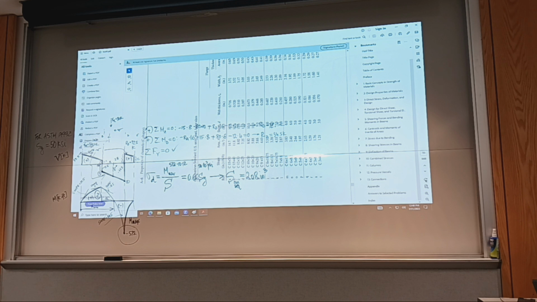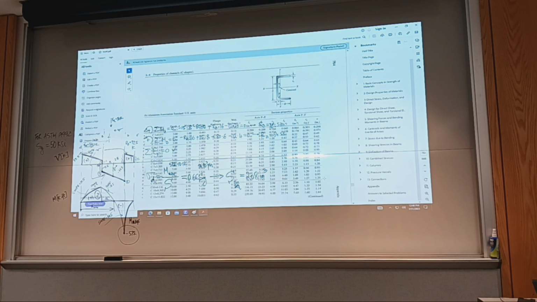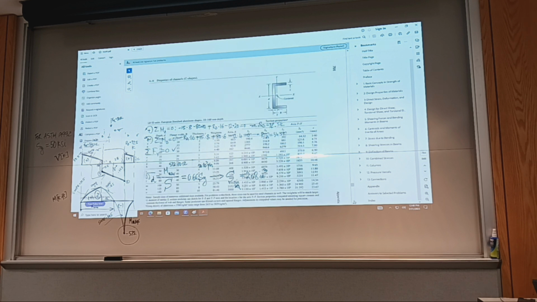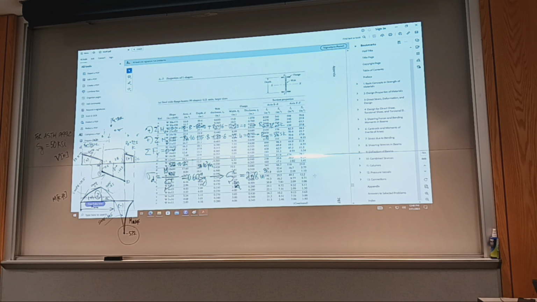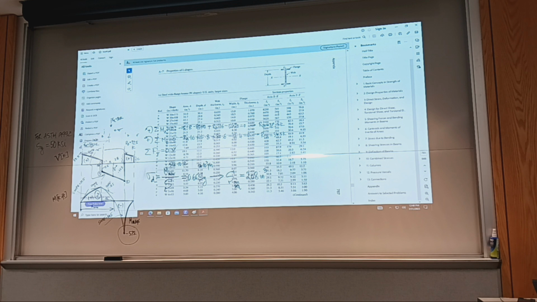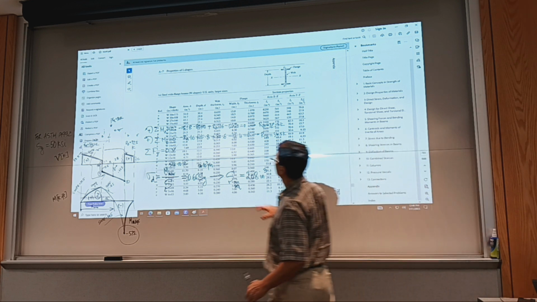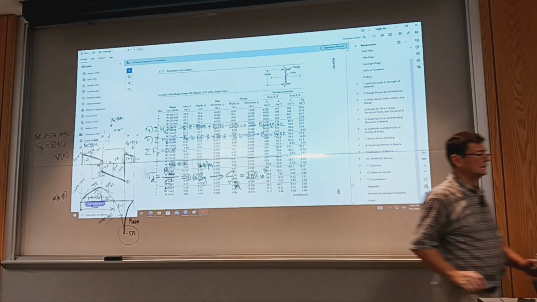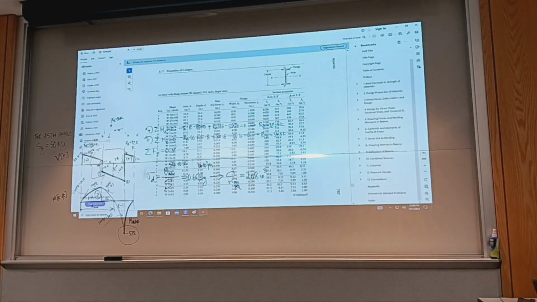You need to rotate the view. Okay, so this one is the C channel. All right, and we look at W, the wide flanges, and we are on column. We're using the I-beam as it's meant to be used. Well, I cannot see that very well because of what's in the background. We're drawn on the board.